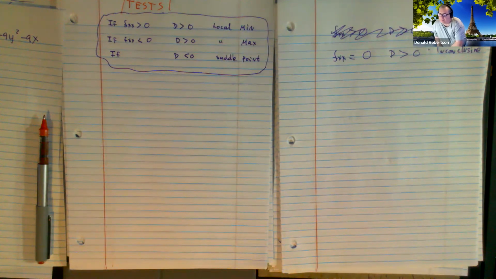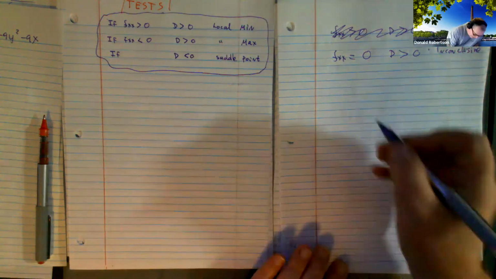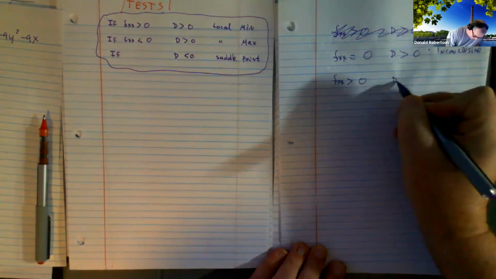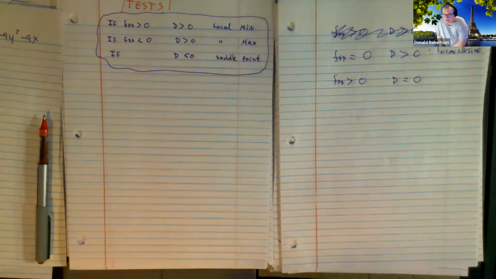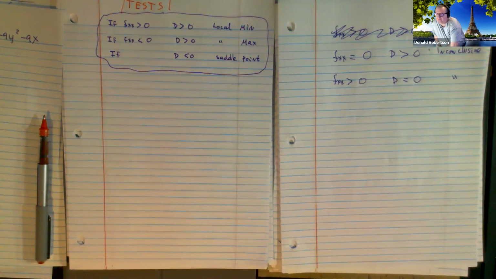We don't know. I mean, if you wanted to know, wouldn't you just put it into GeoGebra and look at it and say, oh, it's a hill or whatever? Because it could be a local min, could be a local max. How about this situation? D could be 0, right? With certain combinations, can you imagine D could be 0? That is also inconclusive.